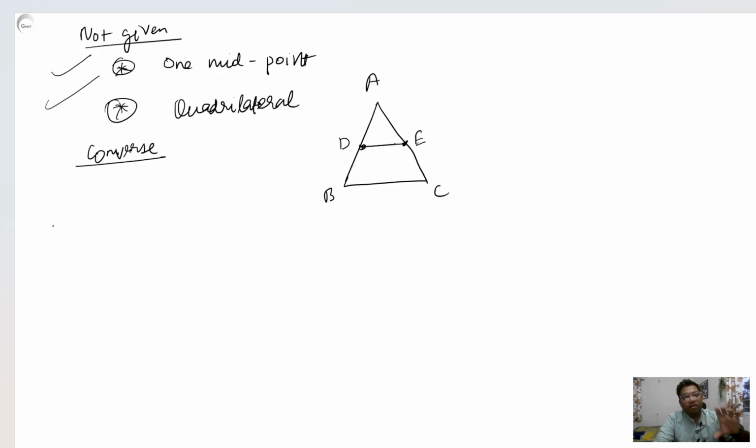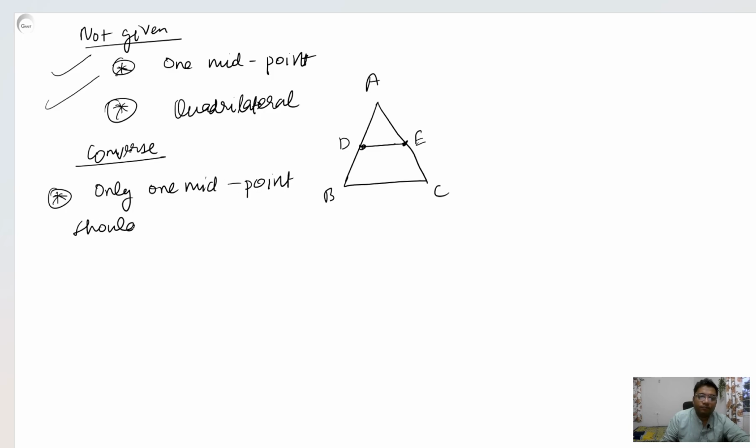How would you read a question and understand, no, this is not a midpoint theorem question, it's actually a converse of midpoint theorem question? How would you know that? Let's see. In the converse of midpoint theorem, only one midpoint should be given. Please remember, only one midpoint. Generally in this case, D or E, it doesn't matter really, but one midpoint should be given. So E will be a point, but it won't be a midpoint.